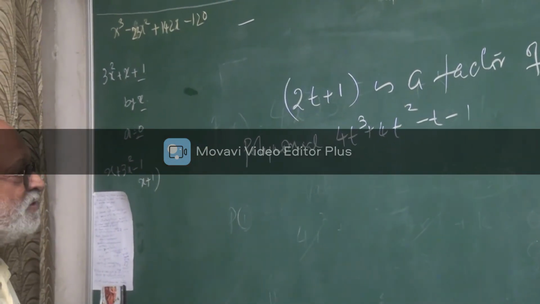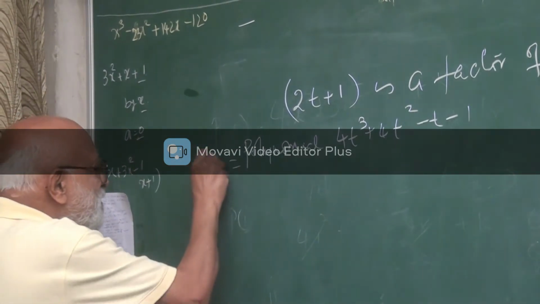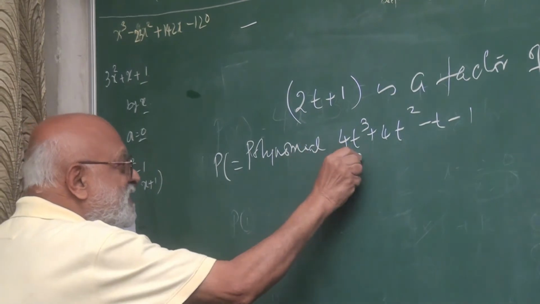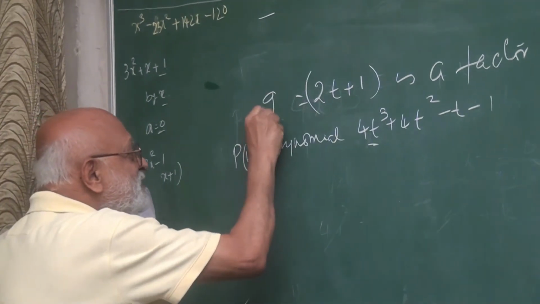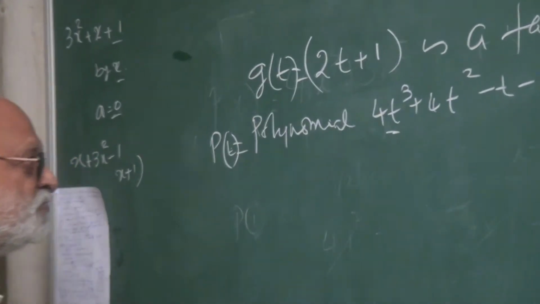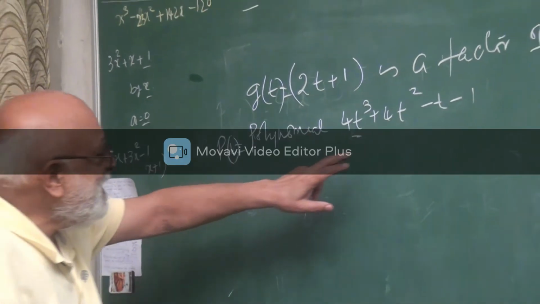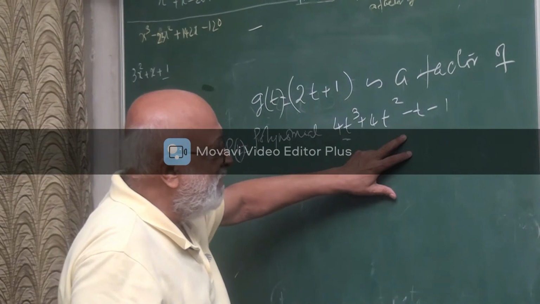Okay, so what is this? This is my p(t), so I will put t here. This is my g(t). So this I have to find, is it a factor of this, right?